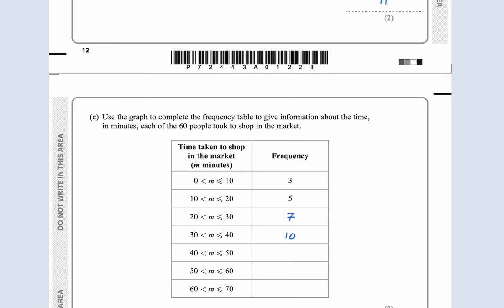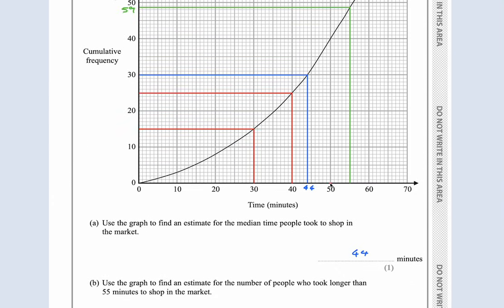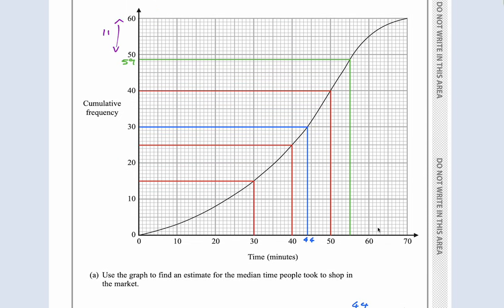Then I'll go to 50. Do the same thing. Go up to this. They're all hitting very nicely. That's 40. I may as well do the rest while I'm here, guys. This is 55. Okay, so this is 40 and 55.